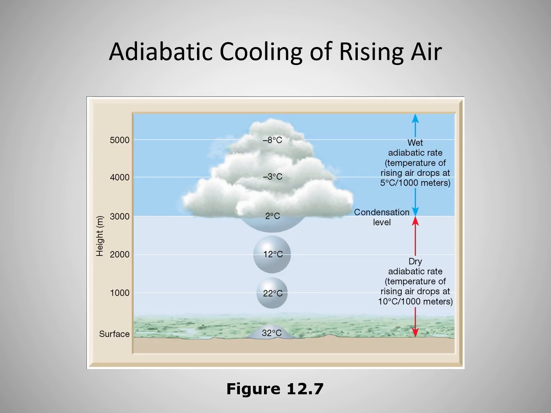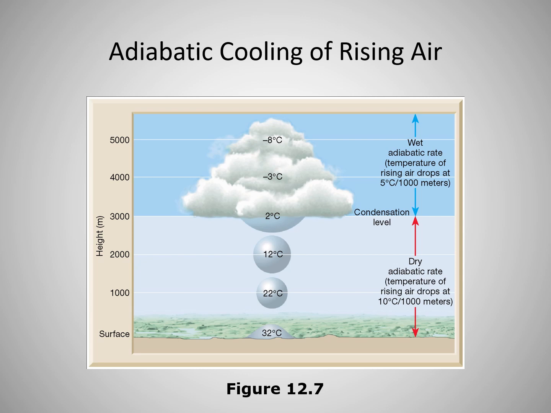All right, so here's a nice little graphic. You've got a hot pocket of air at the surface, 32 degrees Celsius. It's warmer than the air around it. And as it's rising, notice that gray bubble getting bigger. That is just showing that the air is expanding. And look at the temperature. It's cooling. Where the red and blue arrows meet, that's your lifting condensation level.